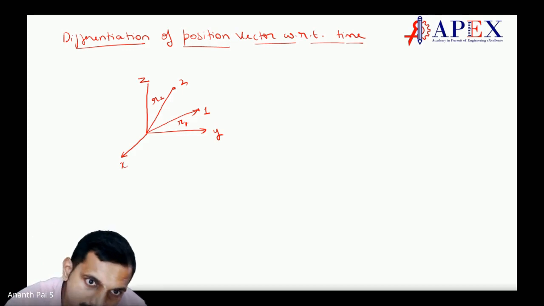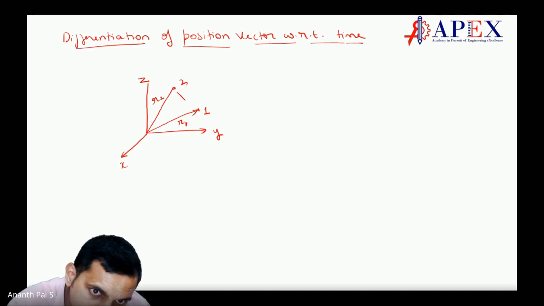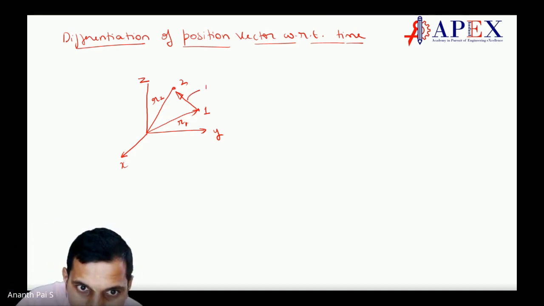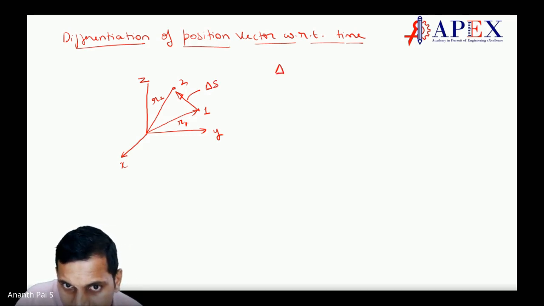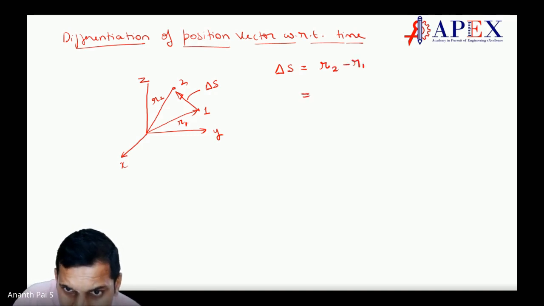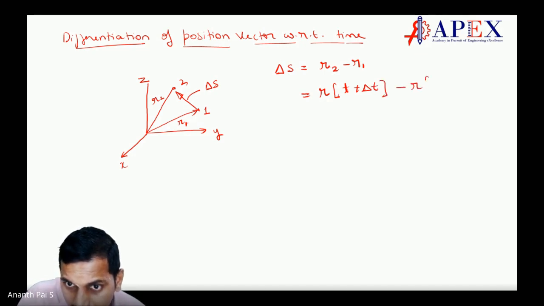This is a vectorial difference. So what is this? This one, delta s, is actually equal to r2 minus r1. This can be also said r of t plus delta t minus r of t.